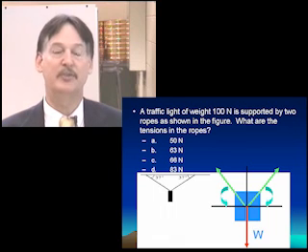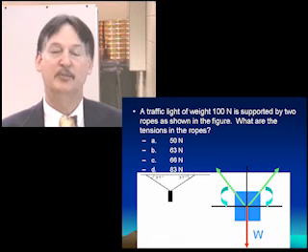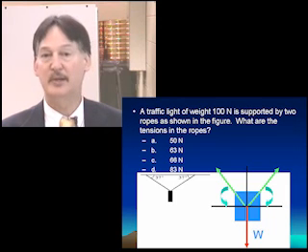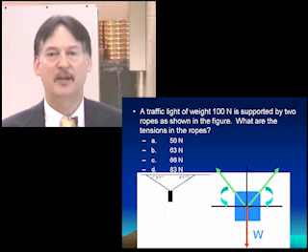Notice the green vectors, one pulling up to the right and vertical, and one pulling off to the left and vertical. The other force is the weight of the traffic light acting straight downward. This is our free body diagram for this object. Three forces acting on the light.